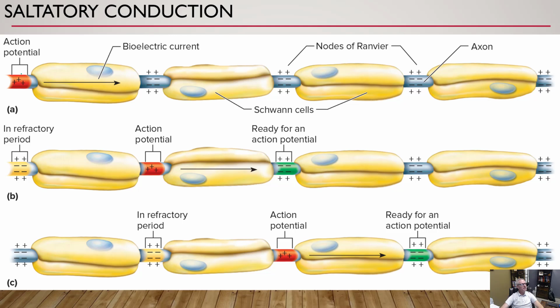What we see with saltatory conduction is that the electrical impulse does not travel down the entire length of the axon. What will happen is that this electrical impulse will jump over this myelinated portion and will only jump from node of Ranvier to node of Ranvier to node of Ranvier.